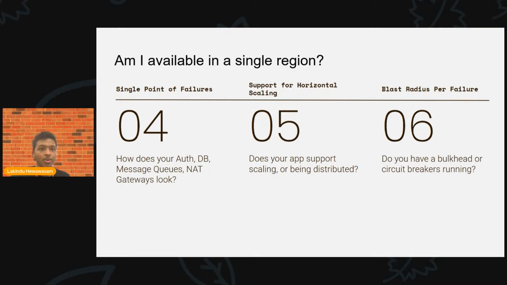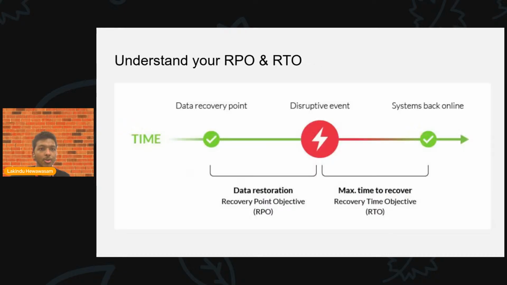So regardless of your application supporting multi-region, if you can't make yourself available in a single region, you can't survive a multi-region deployment. Once you have done that, you have to then take a look at your RPO and RTO. These are two key availability metrics that you have to think about from a business standpoint before you make any decisions about how available your application is going to be.